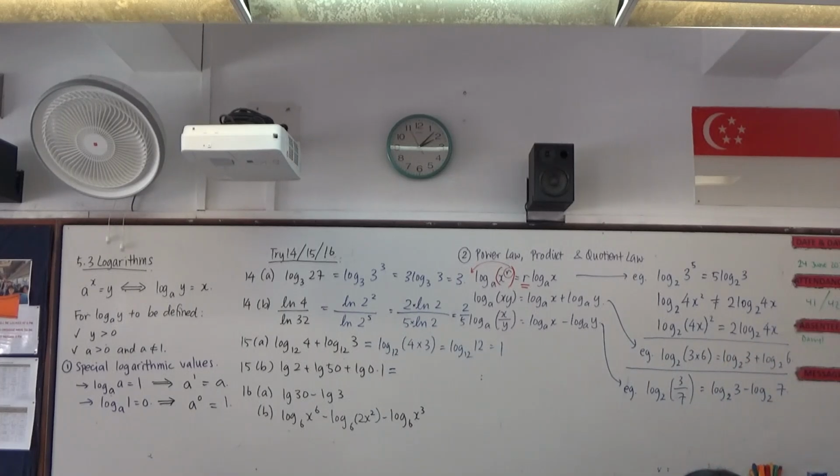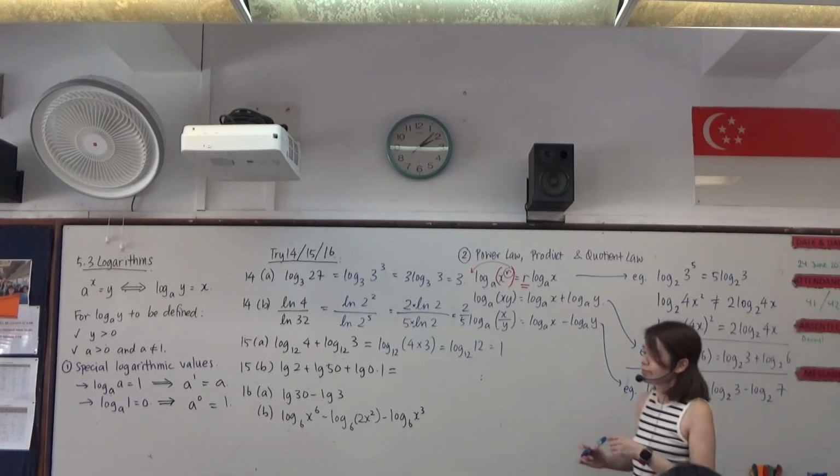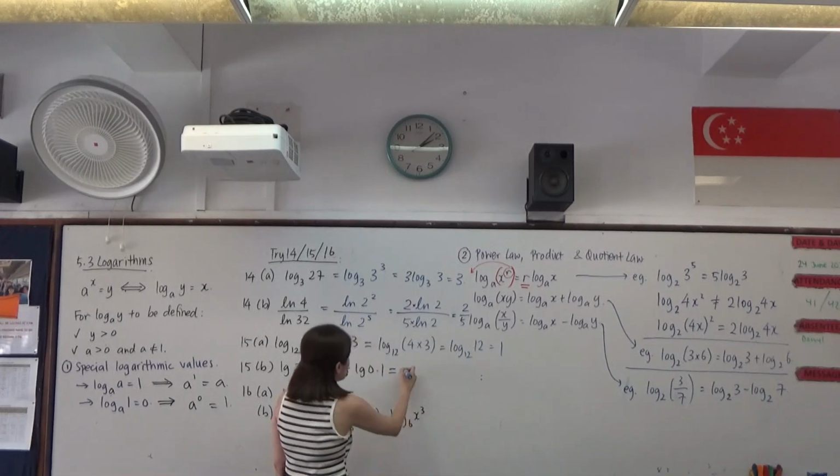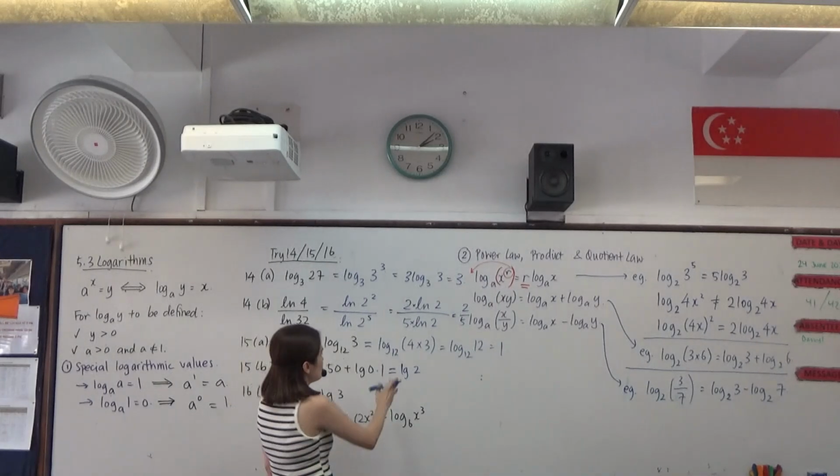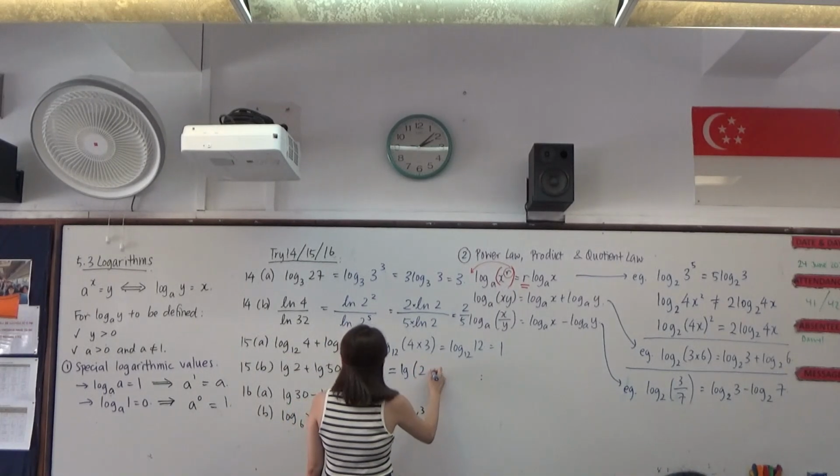We have log 2 plus log 50 plus log 0.1. How? What do you think? Log 2? Oh, times 50.